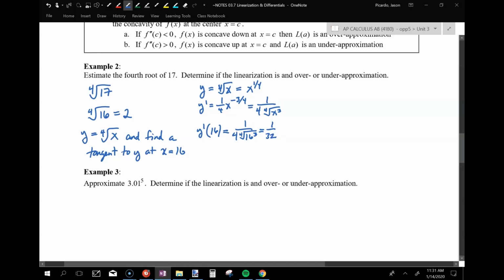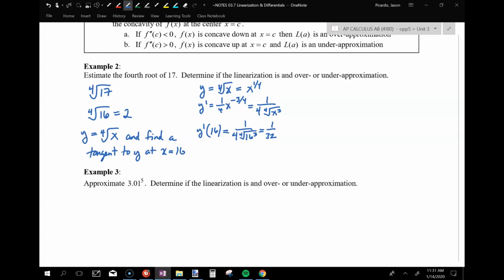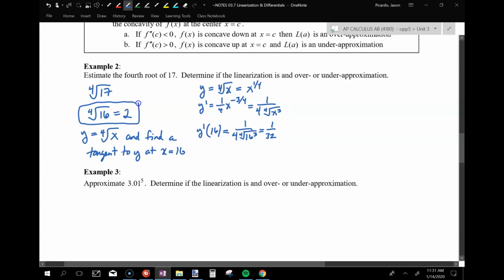All right, so what do I have? I have my slope, and I have a point. That's the point of tangency, right? So the point of tangency is this right here. All right, so my equation is y minus 2 equals 1 over 32 times x minus 16.